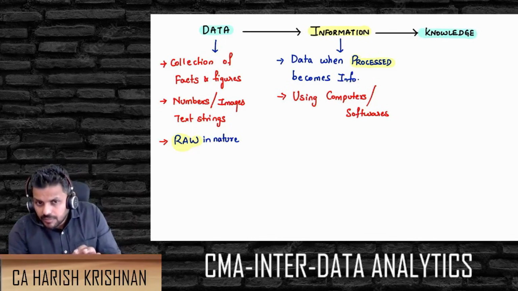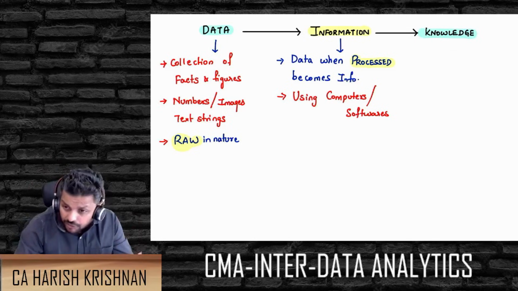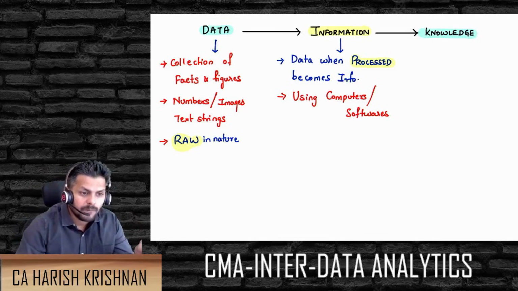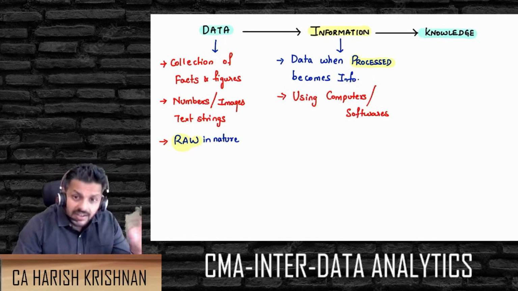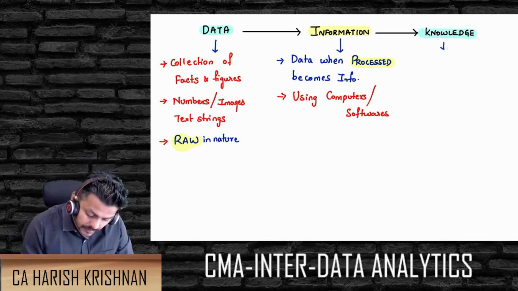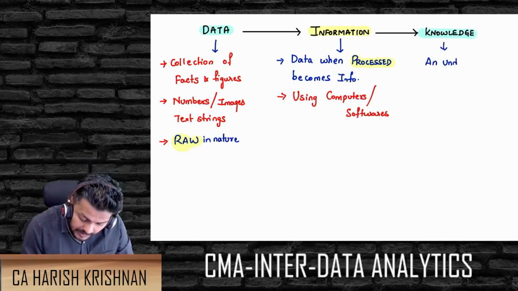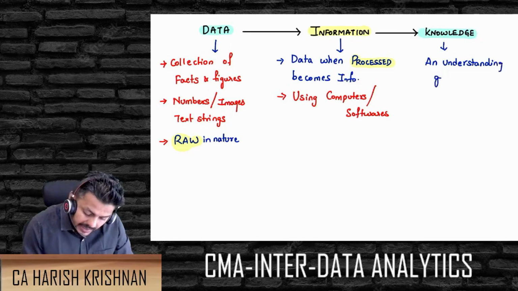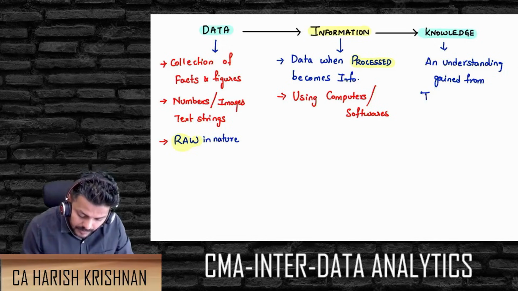Something that can be processed becomes information, but whether information is insightful, or universally applicable, is another matter. Knowledge is an understanding gained from the use of information.